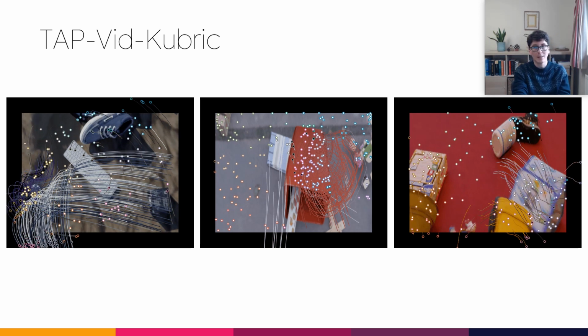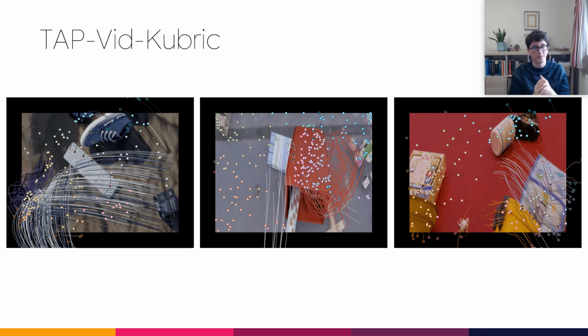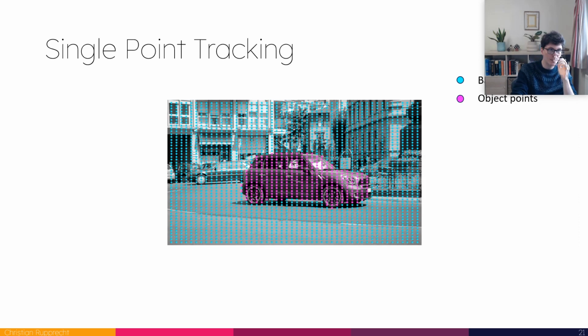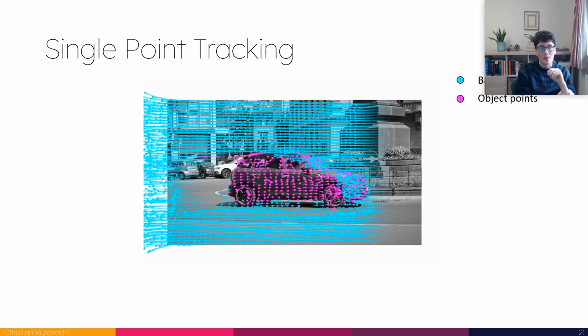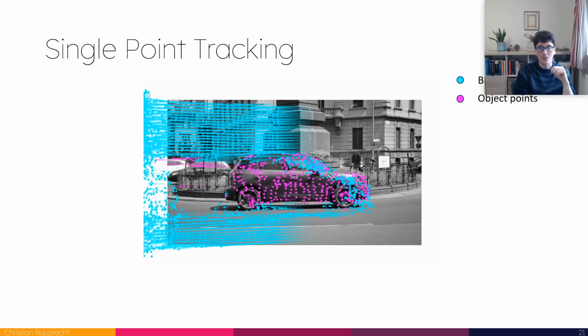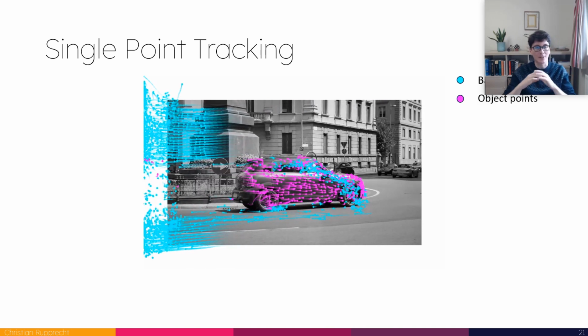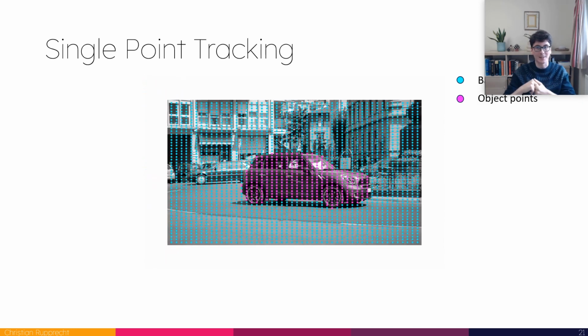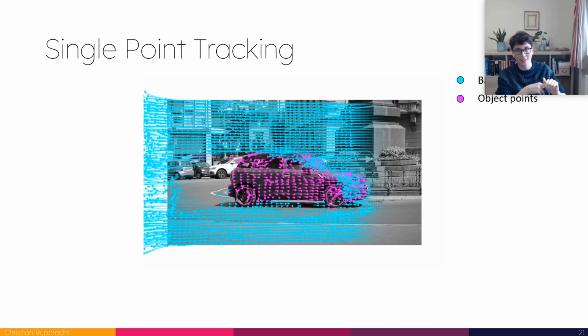Now, if we look at these two sides of temporal tracking, and we look at point tracking, where you can't see this because this is under my camera. Basically, in blue, I have background points highlighted, and in pink, they are object points.